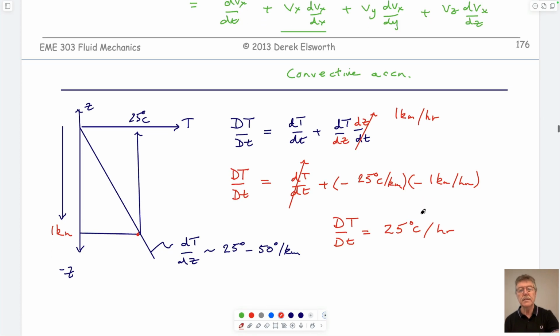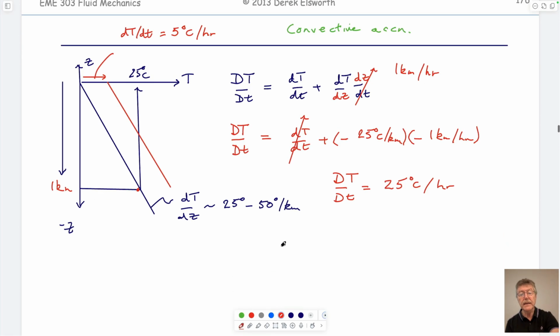And so if we wanted to be fancy and said also that the temperature changes with time, so say for some reason that the temperature changed from being 0 at the surface to being some amount, so if it changes here, and this is dT/dt, I don't know, say 5 degrees centigrade per hour.